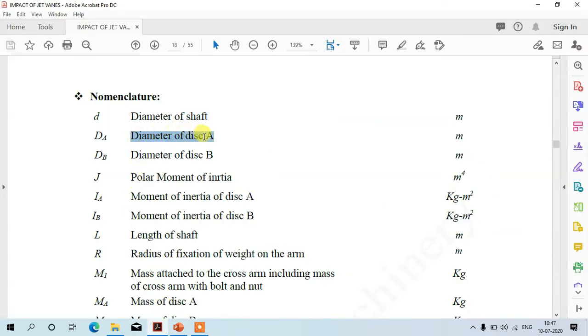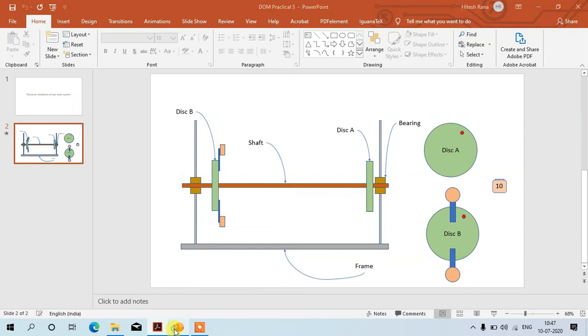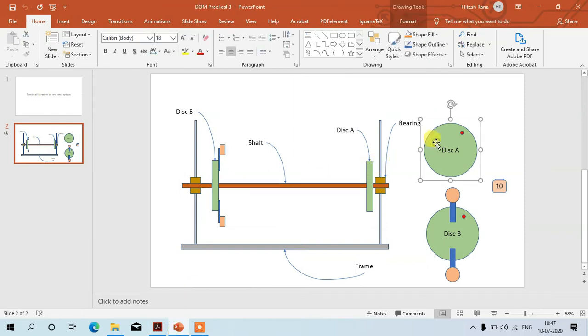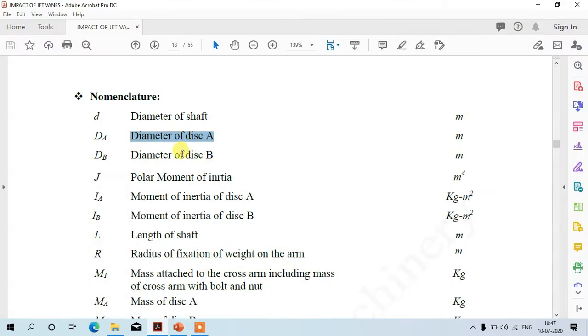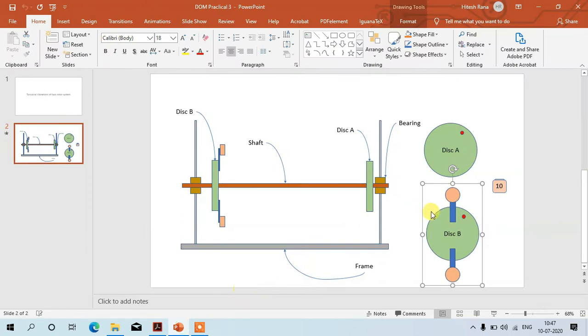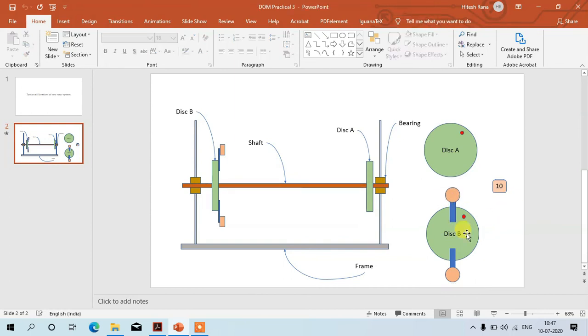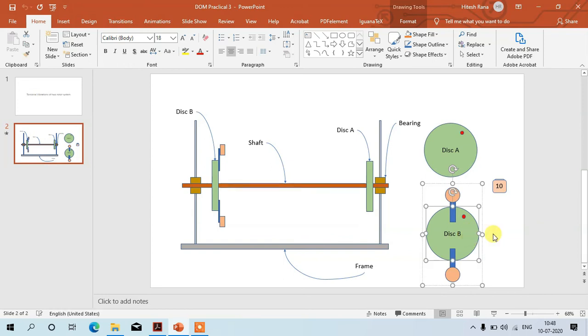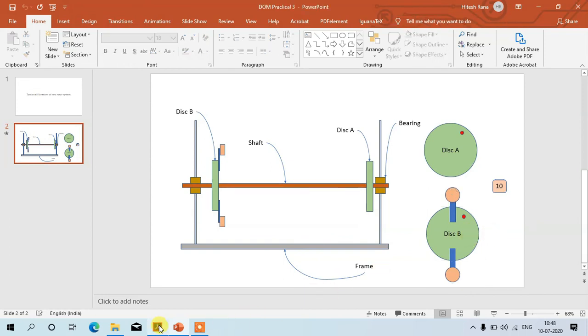Capital DA is the diameter of disc A or rotor A, and DB or D2 is the diameter of rotor B. This DB is only the diameter of this green disc. Don't consider it as the distance from the center to this orange point. DB is the diameter of this disc only.